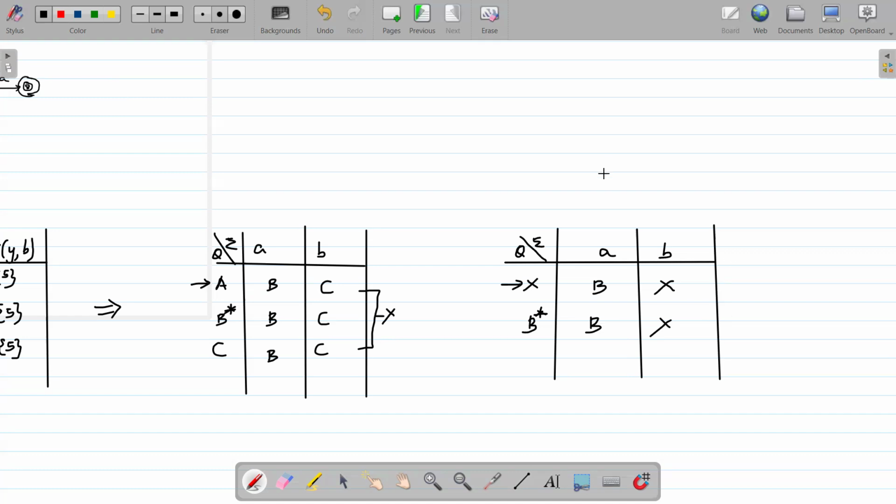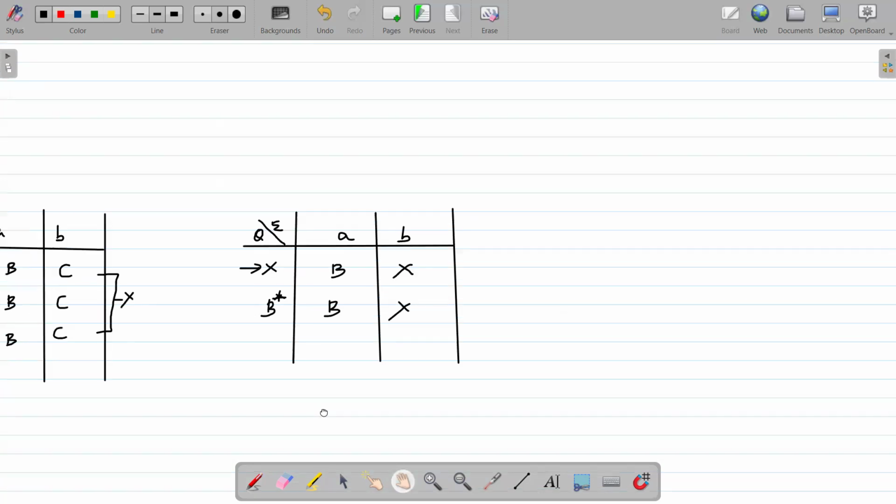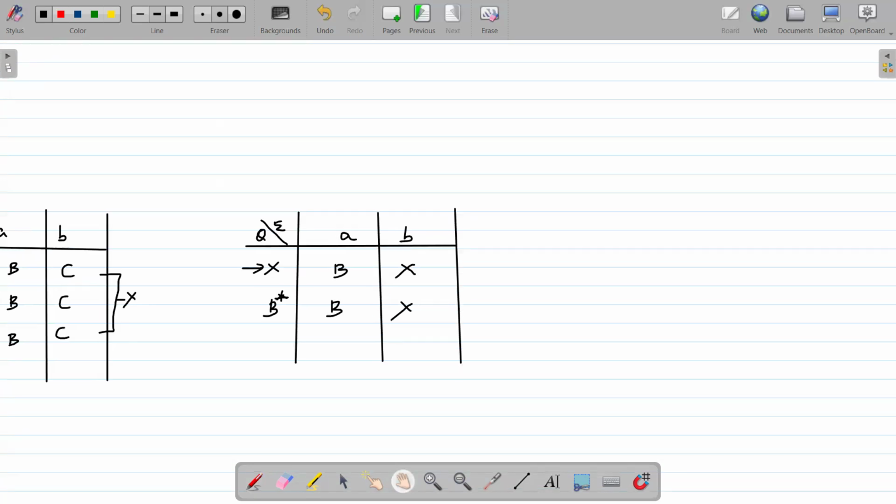Now from this transition table, we will be drawing the transition diagram. So how do we draw the transition diagram? We start with X as the start state. Then B is the other state.